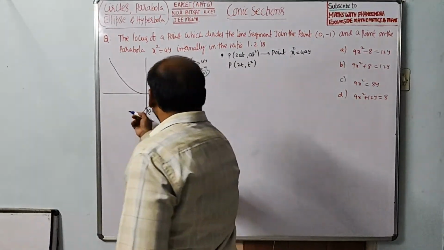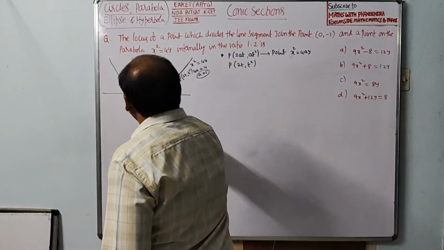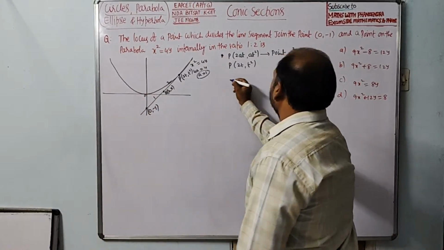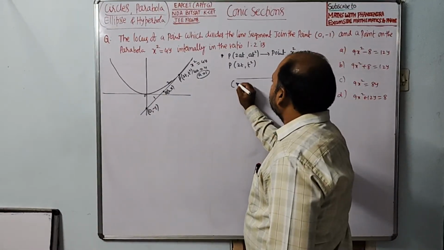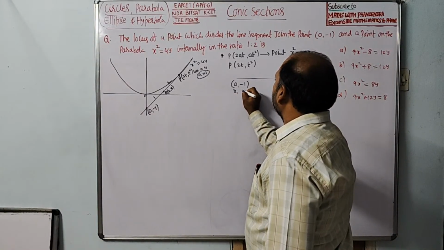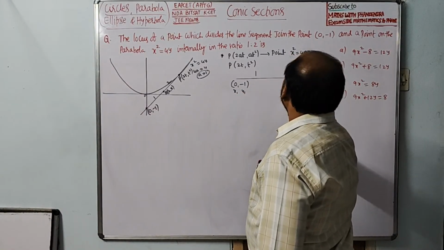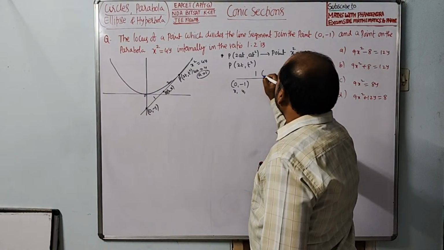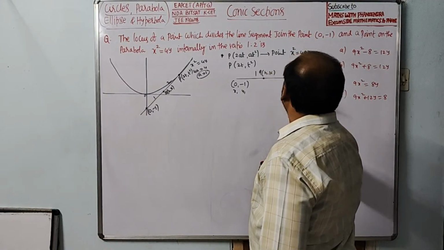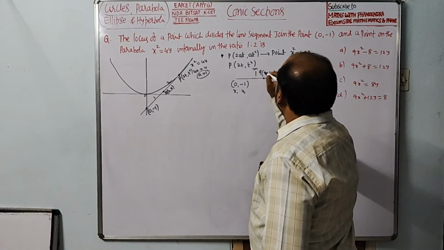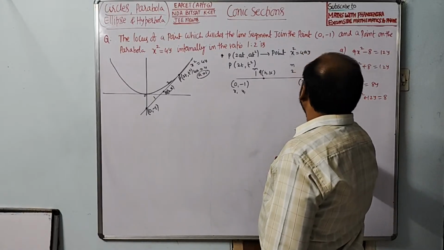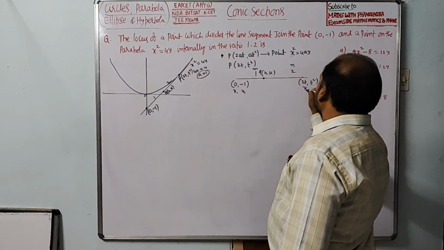Okay. So roughly we have to draw this figure. This is (0, minus 1), (x1, y1), 1, 2. This point is Q of (h, k). This is n, this is m. This point is (2t, t square), (x2, y2).